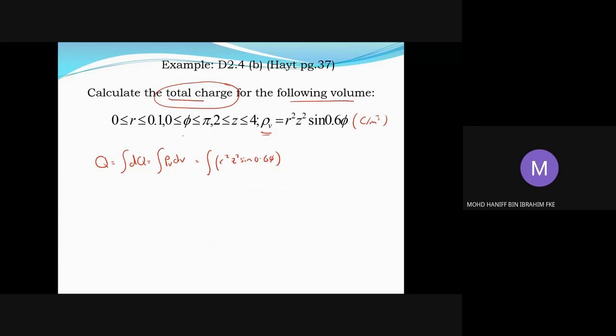So for the cylindrical system of coordinates, what should be the dv that shall be used here then?